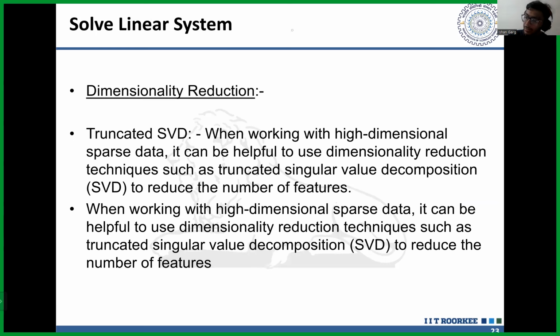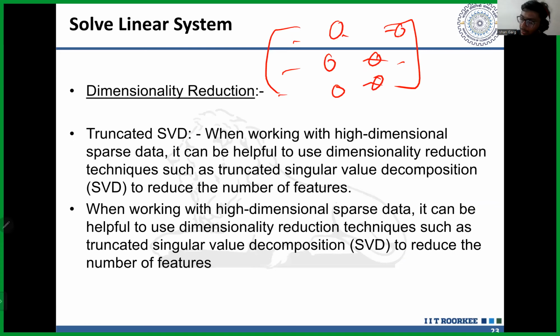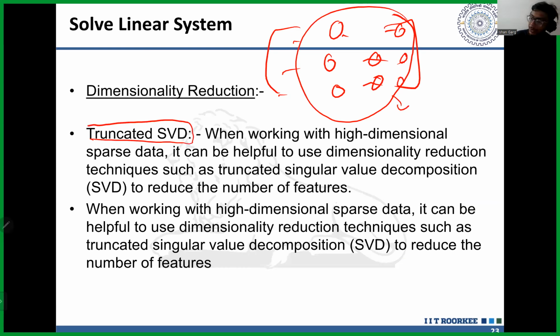A sparse matrix can have a huge number of dimensions. But as we already know, most of those values are just zero, zero, and zero. So do we really need to take into account so many dimensions for a matrix? No. So what can we use? We can use truncated singular value decomposition.